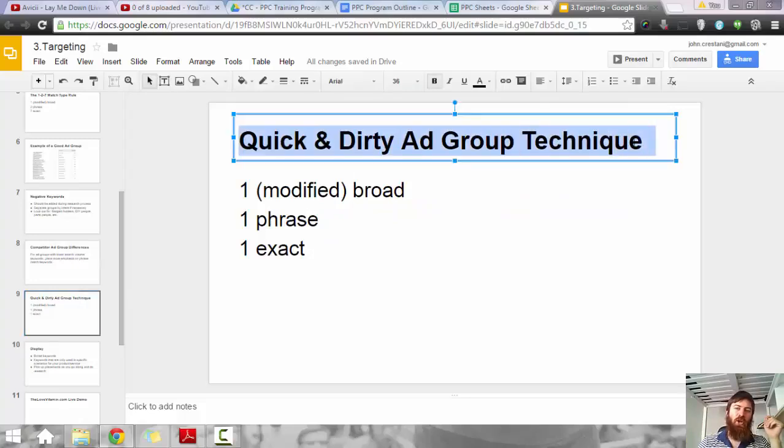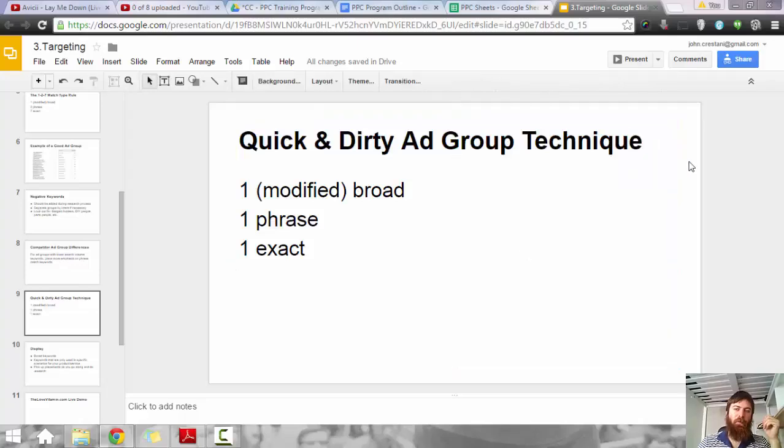Here's another one I like to show people, because this is how I do things a lot of the time now. I'm very good with my negative keywords, and I'm pretty confident in my ability to optimize at this point, so I do the quick and dirty ad group technique.